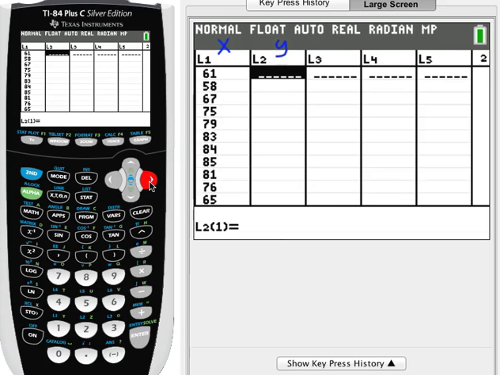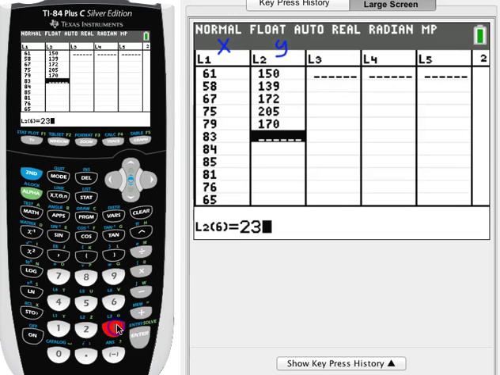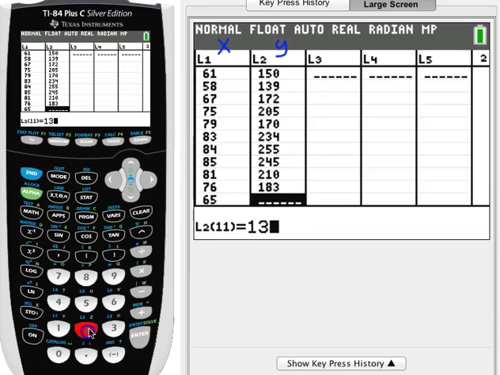Then I have to do the same thing with all those Y values and make sure that they stay in order. 150, 139, 172, 205, 205, 170, 234, 255, 245, 210, 183, 132, 110.